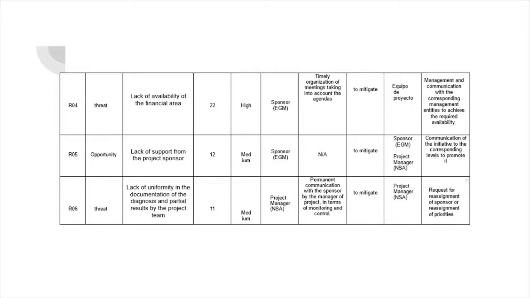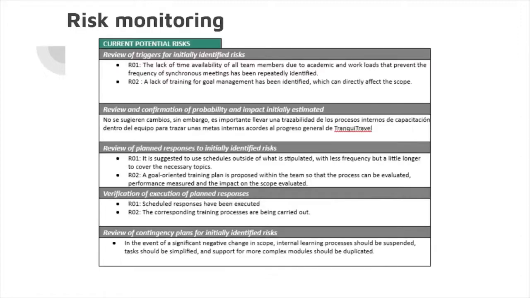R05, communication of the initiative to the corresponding levels to promote it. R06, request for reassignment of a sponsor or reassignment of priorities. Risk monitoring, current potential risk, review of triggers for initially identified risk.